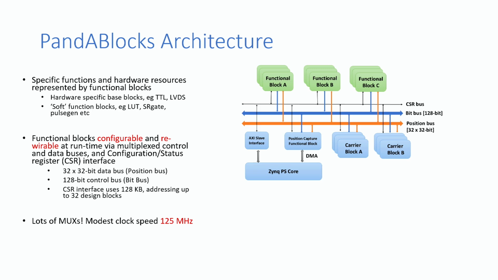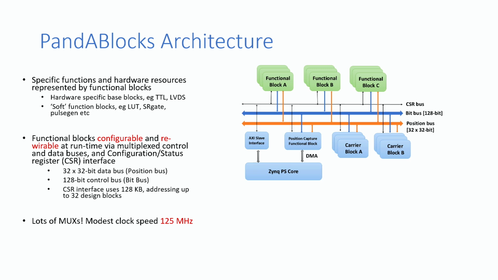And running through the firmware, we have two large buses. One is a 128-bit bus called the bit bus, which connects all the blocks together and can share bits on that bus. And then also a position bus, where we can share basically 32-bit words.